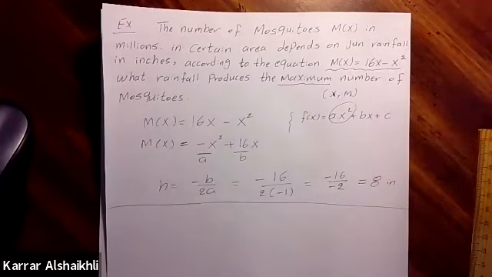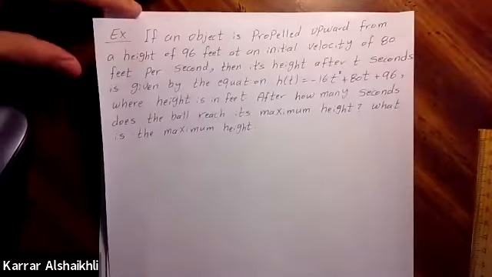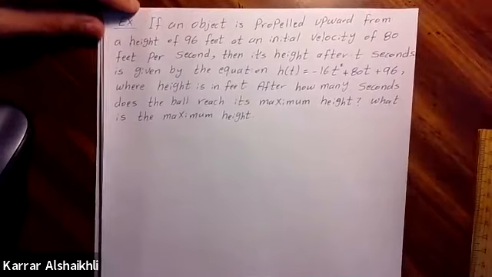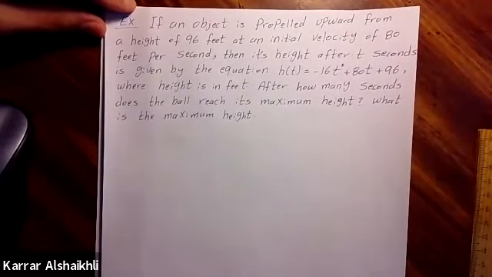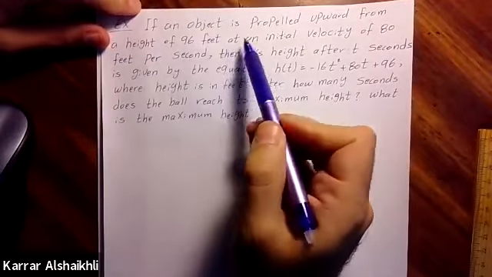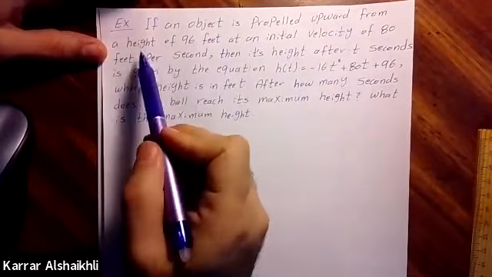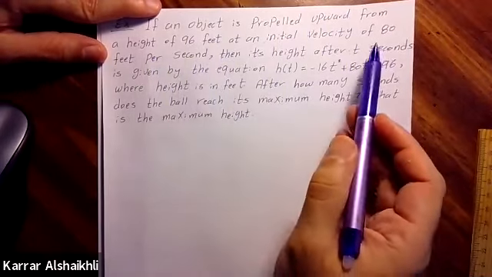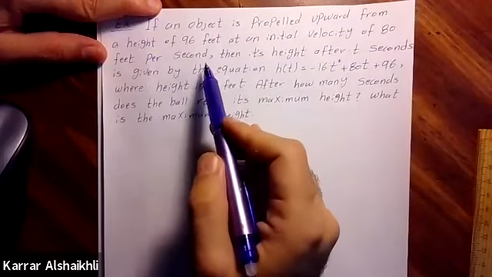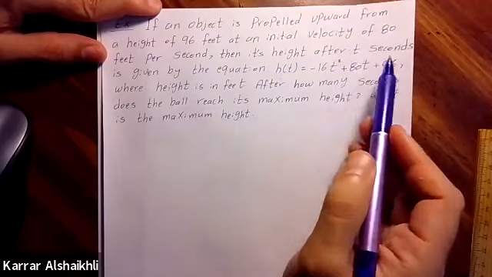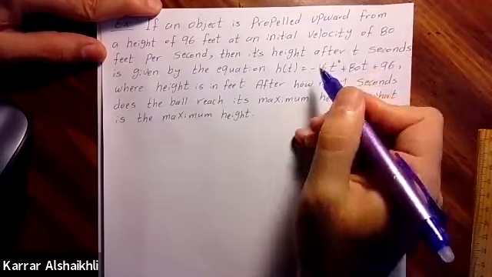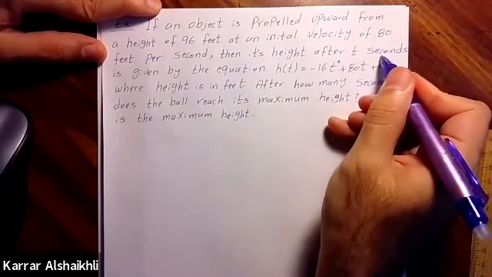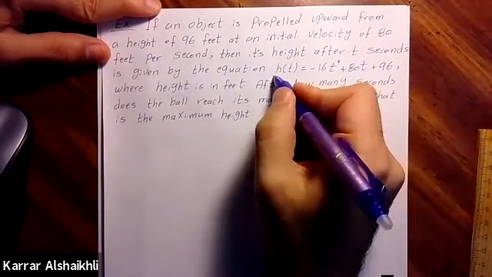Another example, let's do this one. So here is another example. If an object is propelled upward from a height of 96 feet with an initial velocity of 80 feet per second, then its height after t seconds, check here, is given by the equation.